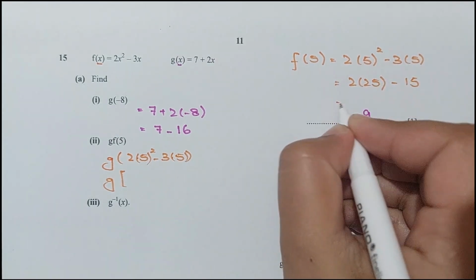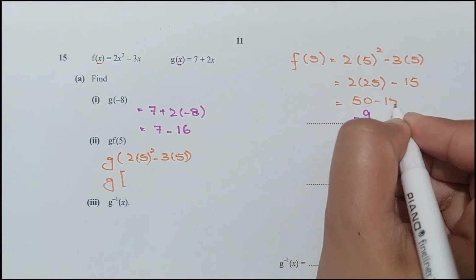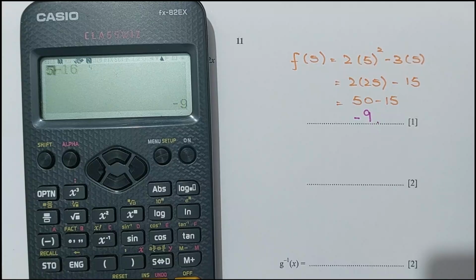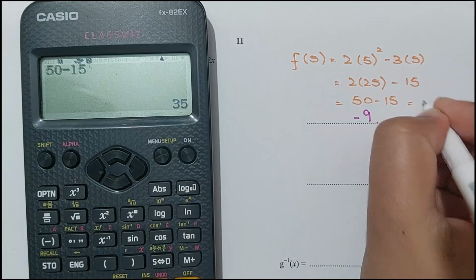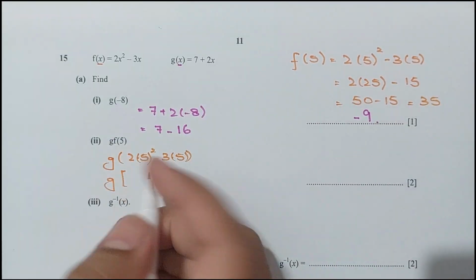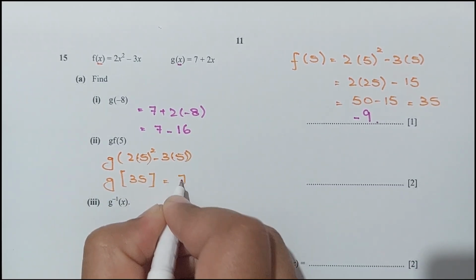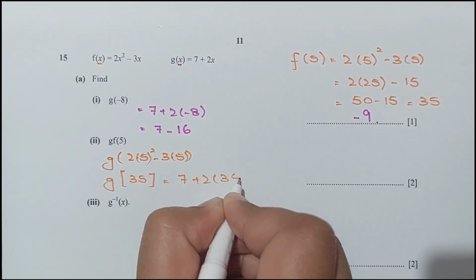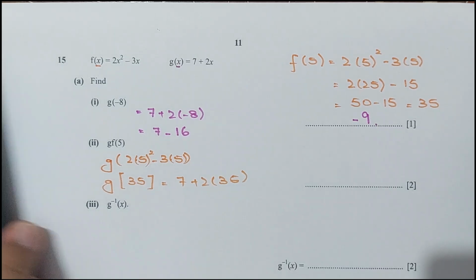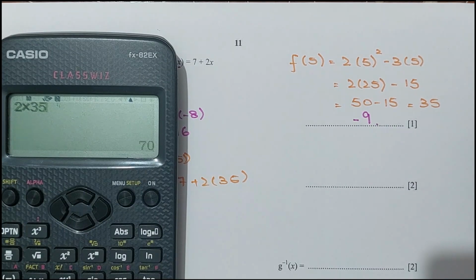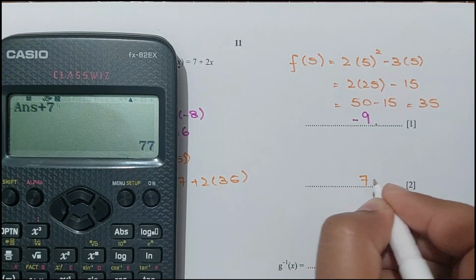So 2 times 25 would be 50. Take away 15. Okay, 35. Yes, it's 35. So we have to find g of 35 basically. So what is 7 plus 2 into 35? 2 times 35, add 7. This is 77.